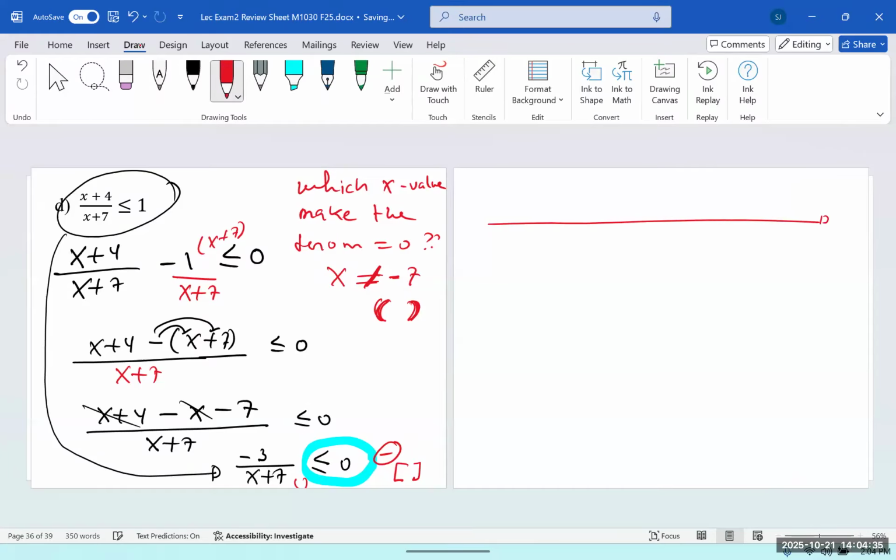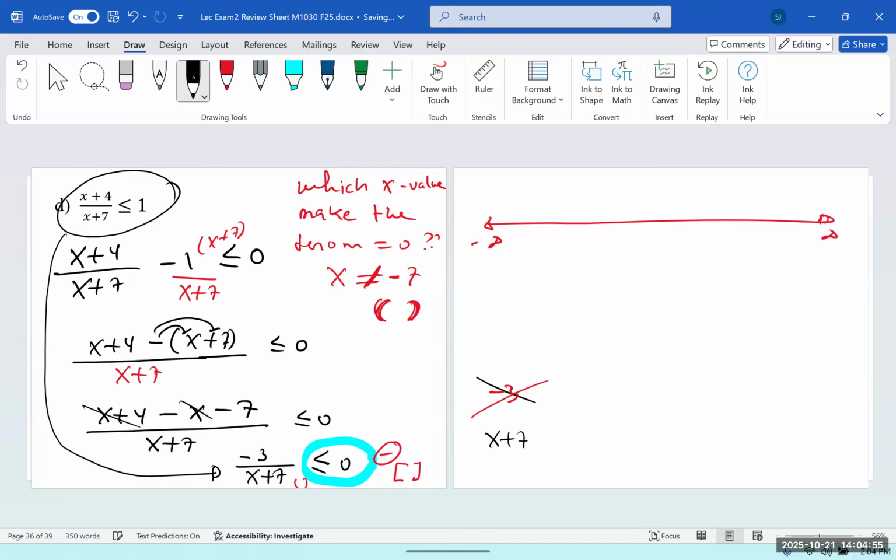So we have negative infinity, positive infinity. From the numerator, there is nothing to solve for. It's only negative 3. It doesn't have any x, so we just simply ignore that. We only care about the x. This one doesn't have any x, ignore. So we go to the denominator.